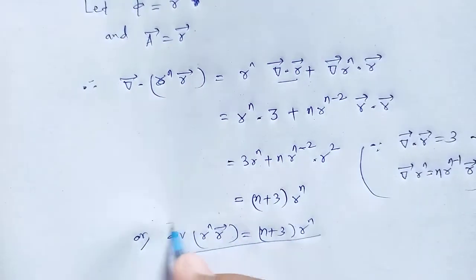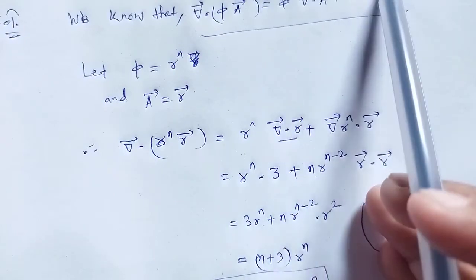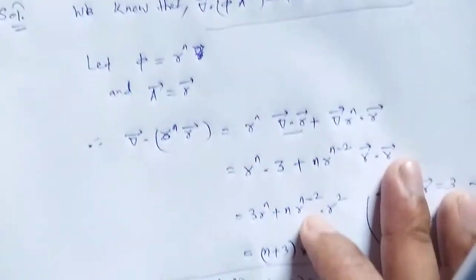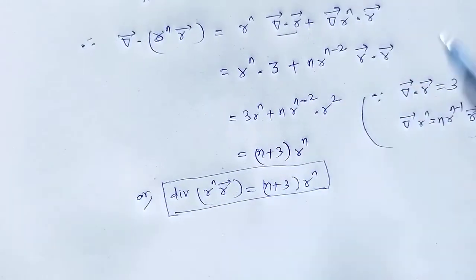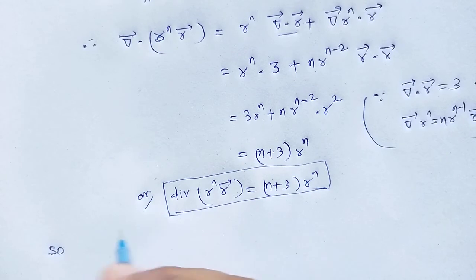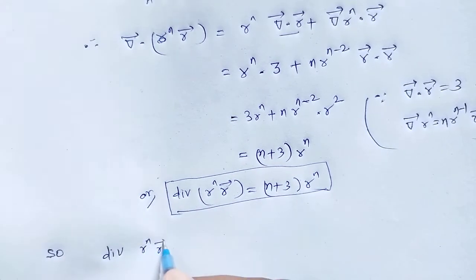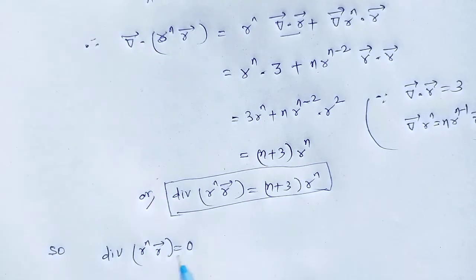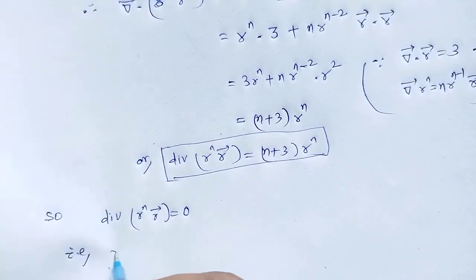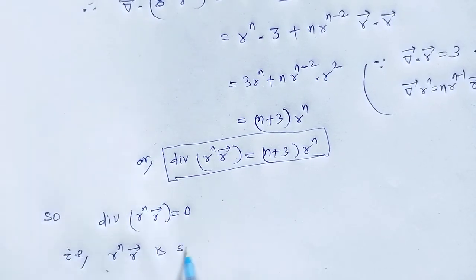What is the question? That vector is solenoidal if n equal to minus 3. For the solenoidal concept, the divergence will be 0. The divergence of R to the power n R vector is equal to 0, that is R to the power n R vector is solenoidal.